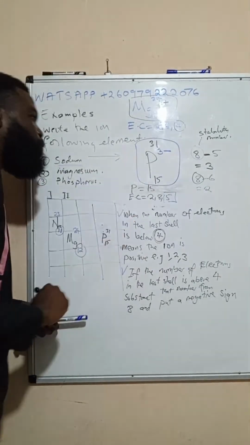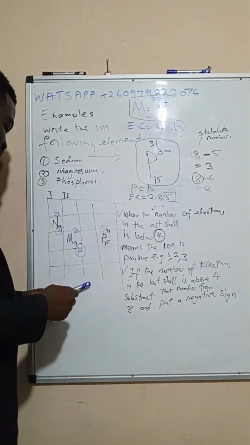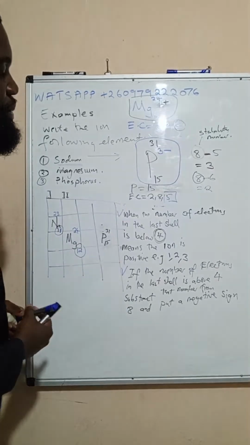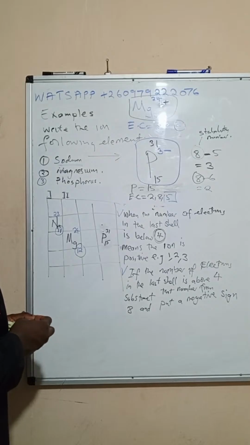It's a rule that you subtract from 8, because that's the stability number. For now, just know it's a stability number where you subtract from, for you to know how to do these calculations.